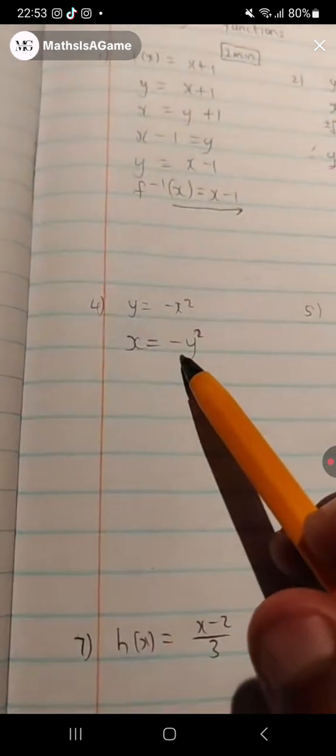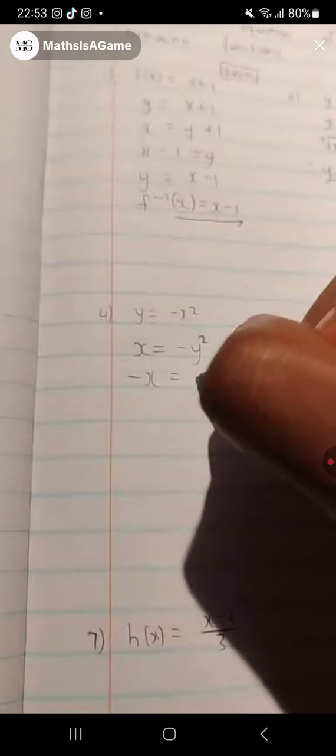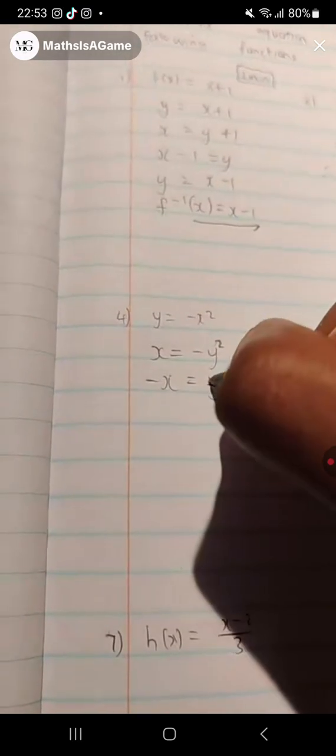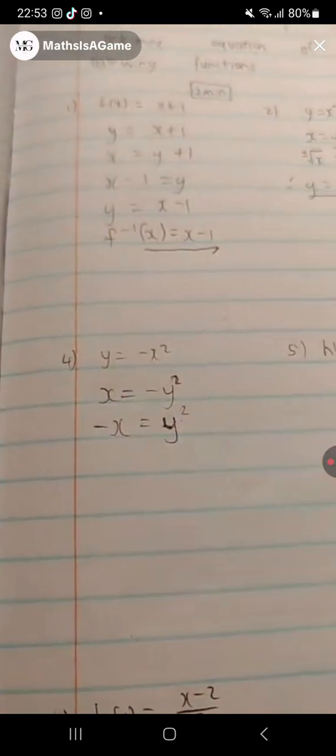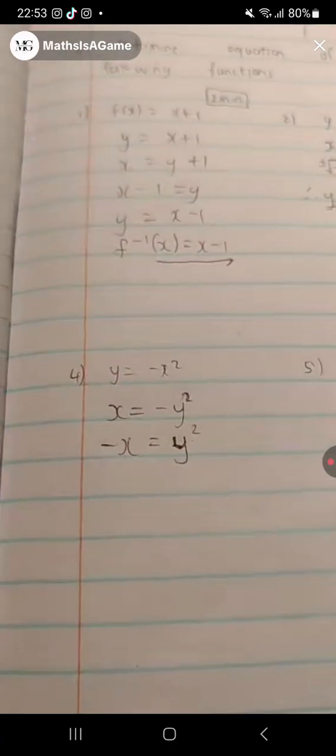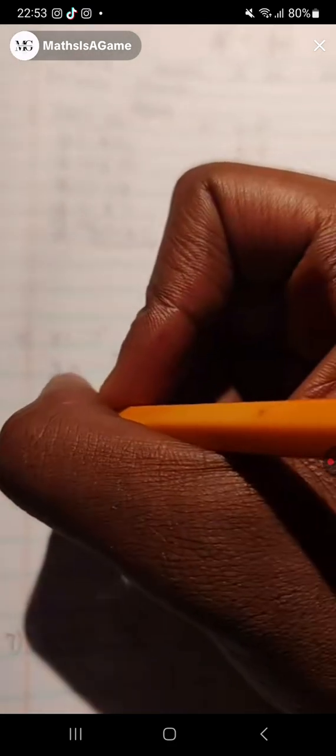You did very well. Divide both sides, guys, by what here? Immediately we divide both sides by, thank you, Precious, divide by -1. So we have negative x is equal to y squared. Very important. We do that first. Divide both sides by a negative. So important that that is the case. After doing so, we can now take the square root of both sides.